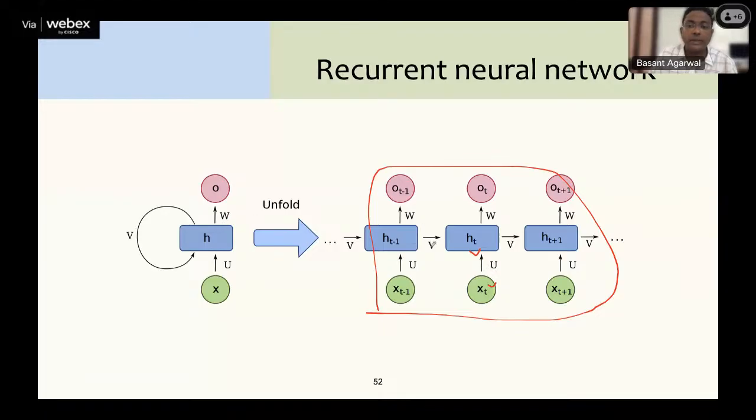But the compact representation of the same network, because all these weights are shared, we can just write like this, which is a very common way of representing the recurrent neural network, in which at any moment of time t, the output depends upon the current input and also on the previous inputs. So this recurrent connection is basically taking care of your previous inputs.